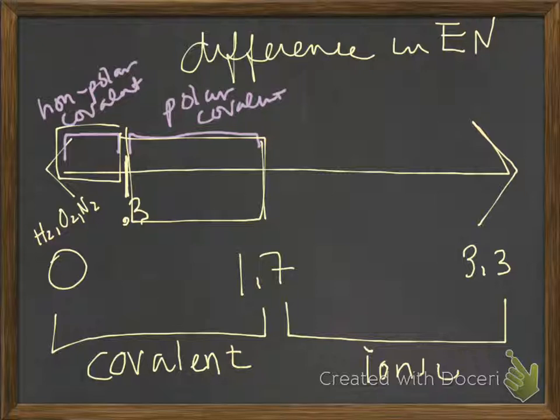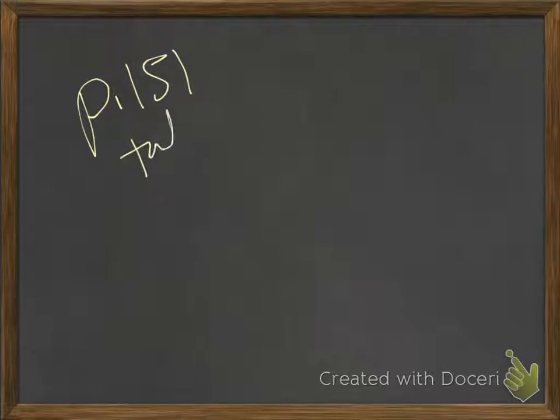But for right now, what you're going to do is just predict what kind of bond would form based on electronegativity differences. So using page 151 in your book, the table of En, I'm going to toss out a pair.